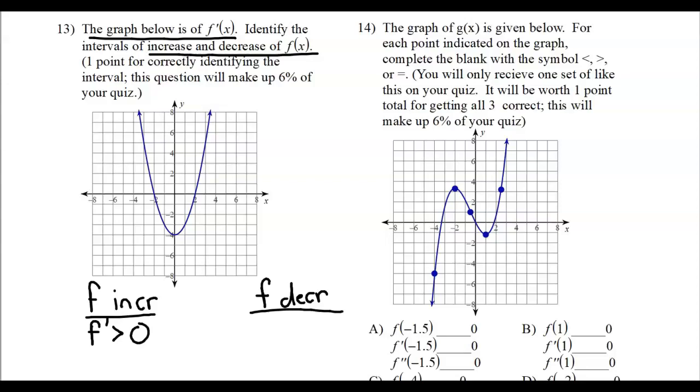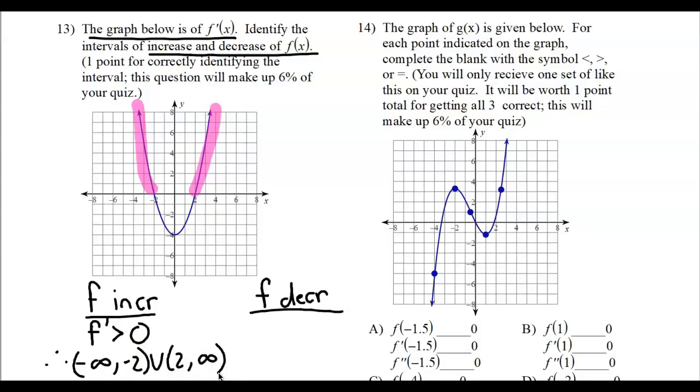So, for instance, from here to here, all those points will give me a derivative value of positive because they're above the x-axis. And also from here to here. And so the intervals where the derivative is greater than 0 are from negative infinity up to negative 2, as well as from 2 up to infinity.